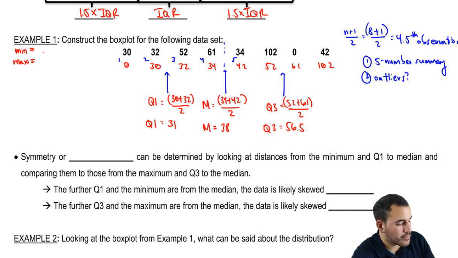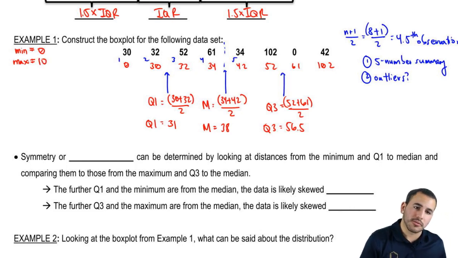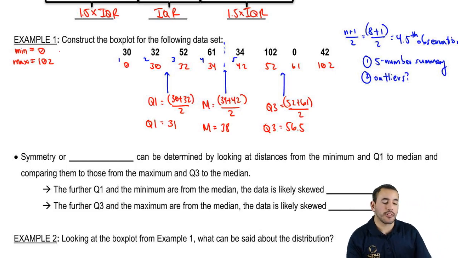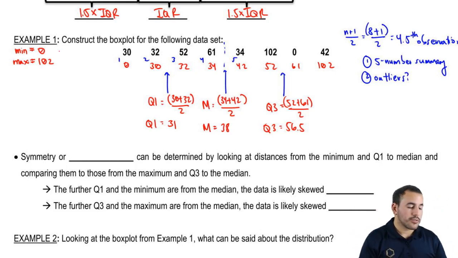It's going to be 0. Good job. And our highest is 102. I know you guys were thinking it. It's okay. So we got our 5-number summary, check. So we got that covered.